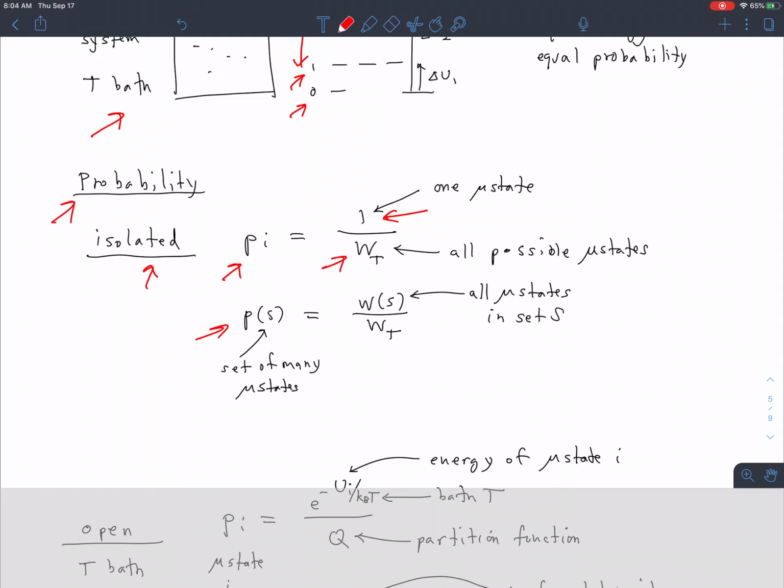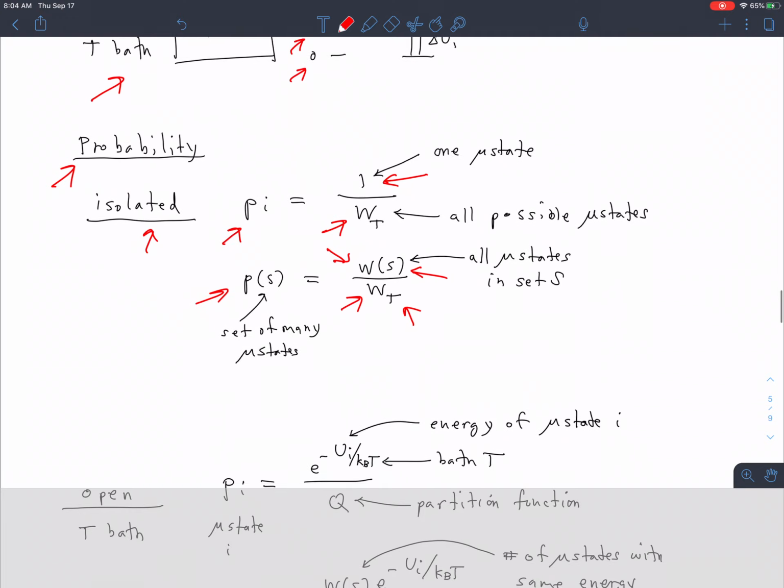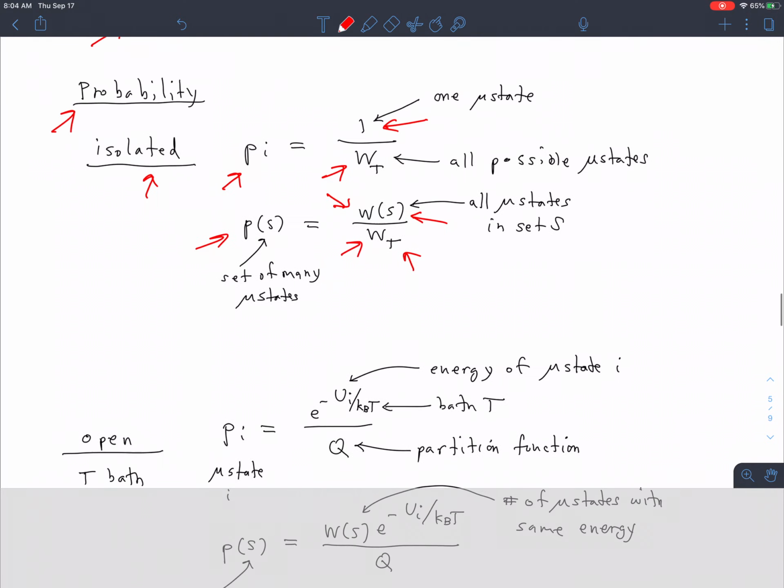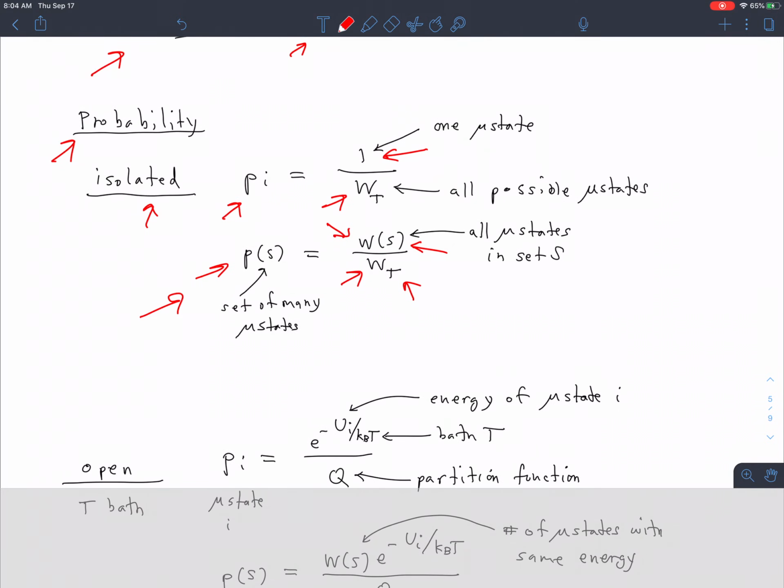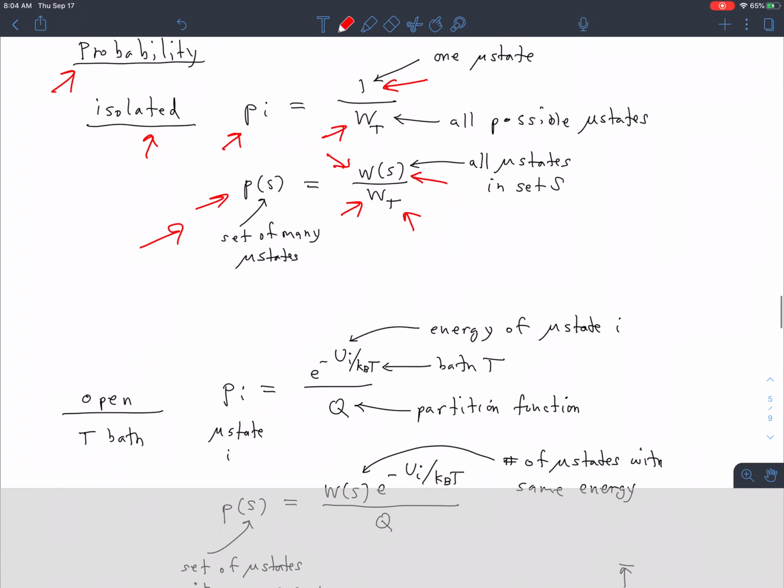On the other hand, if you're thinking about a larger set of possible microstates, then it's just however many microstates are in that set divided by the total number of microstates. So it's just the fraction of all microstates that are in the set versus the total number of microstates possible. That's, again, a formula we've used a little bit, but again, it's mostly difficult to use.